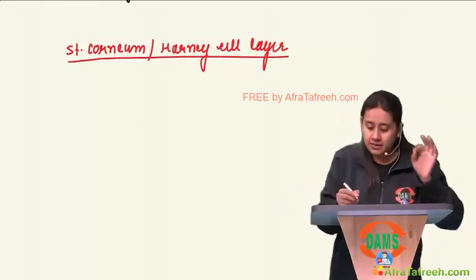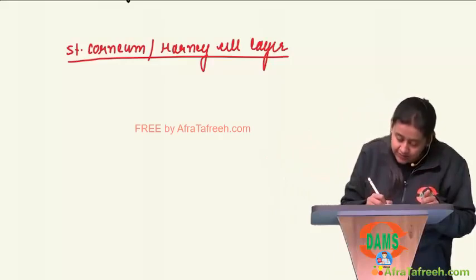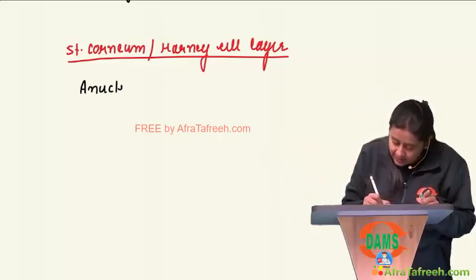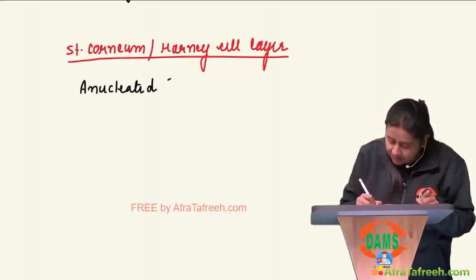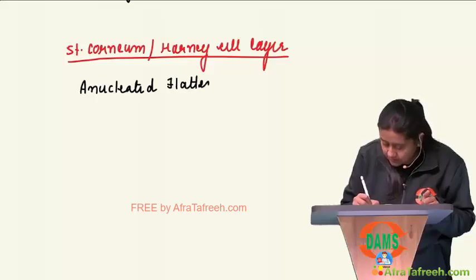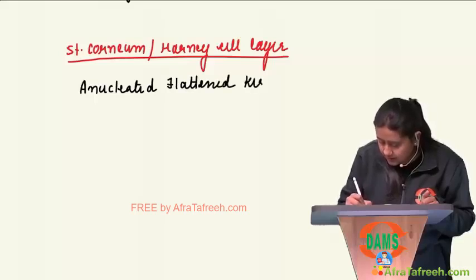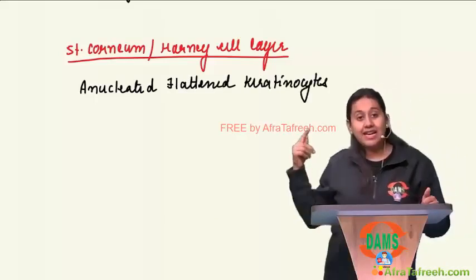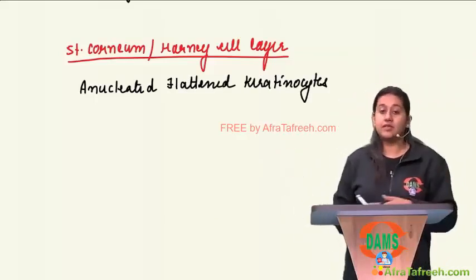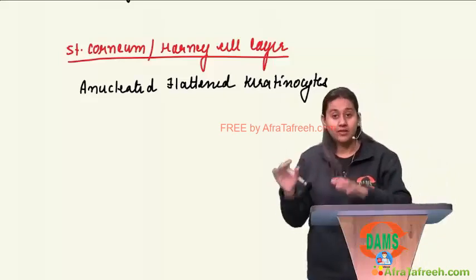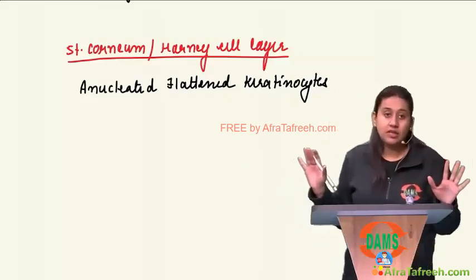Because the keratinocytes in this layer are anucleated. We do not have any nucleus. So we see anucleated, flattened keratinocytes in this layer. I hope this is clear to all of you.